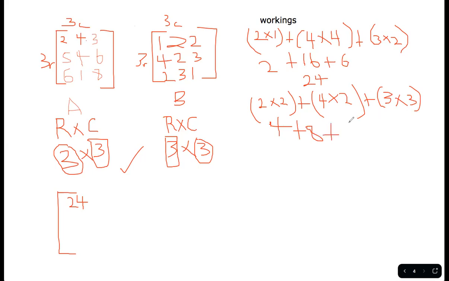And then 3 times 3 is 9. 4 plus 8 is 12, plus 9 is 21. So here is 21.